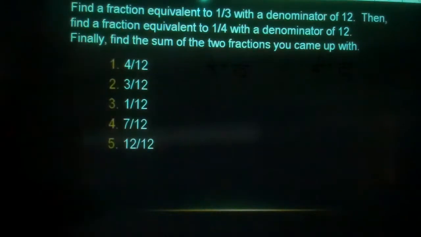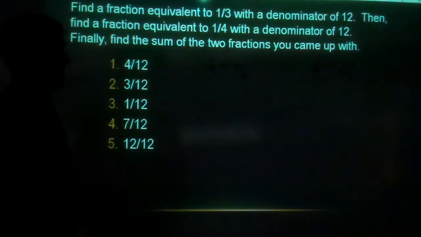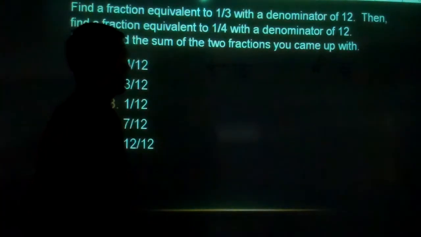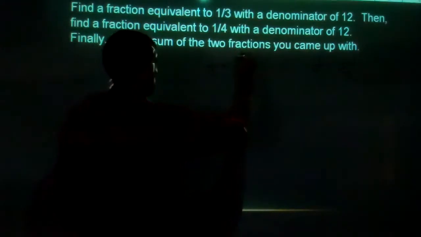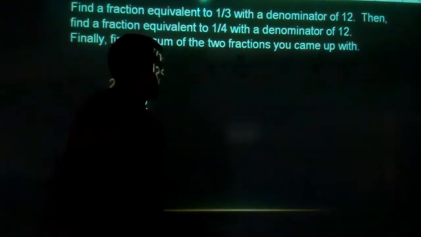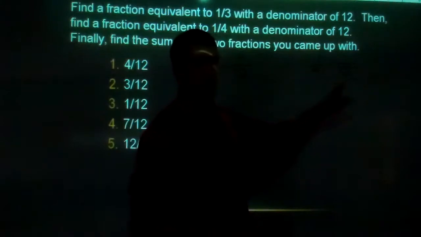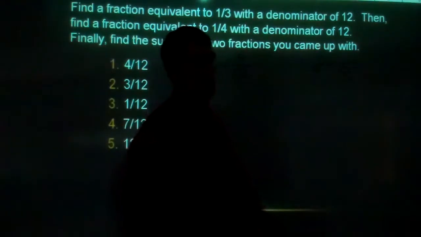Finally, find the sum of the 2 fractions you came up with. So we have to come up with the equivalent fractions first, and then we're going to add. So 3 times 4 gets us to 12, so 1 times 4 will get us here. And 4 times 3 gets us to 12, so 1 times 3 is what we'll do here.